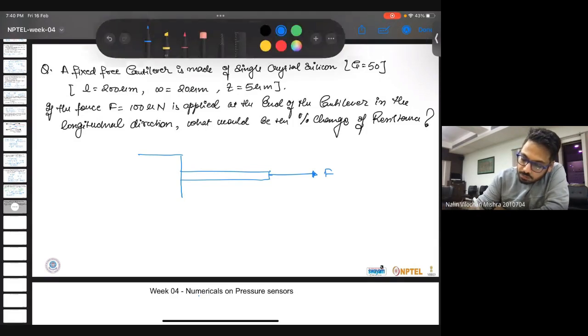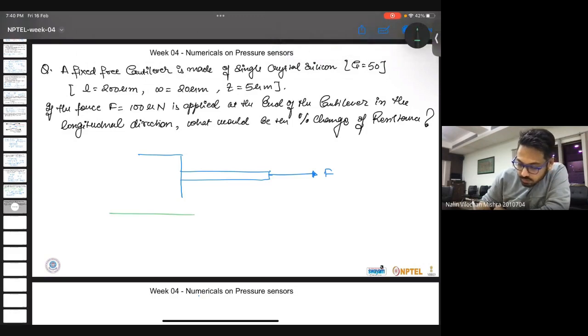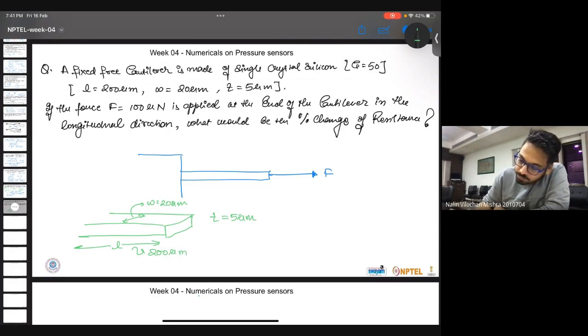If we draw the beam, it's like this, where the thickness T is given as 5 micrometer, the width is given as 20 micrometer, and the length of this beam is given as 200 micrometer.